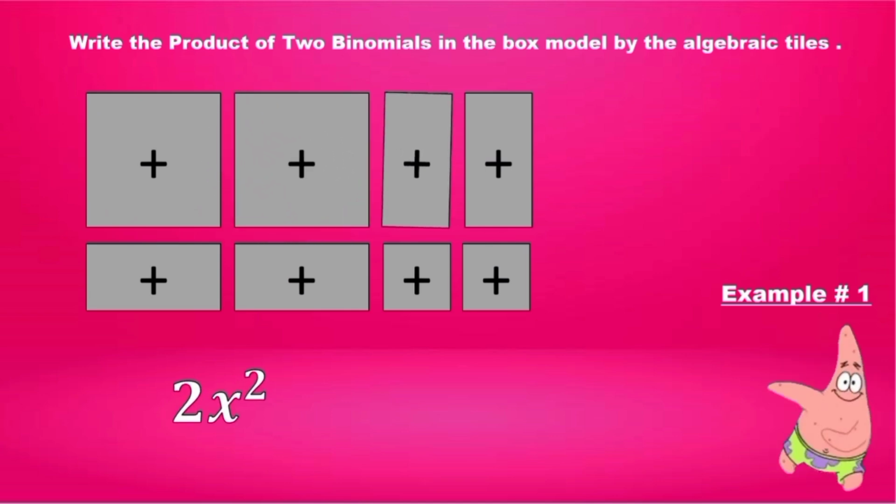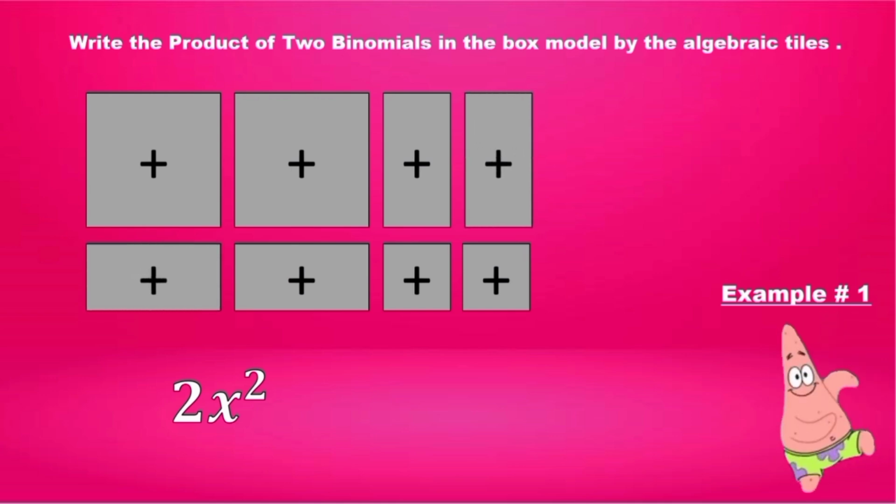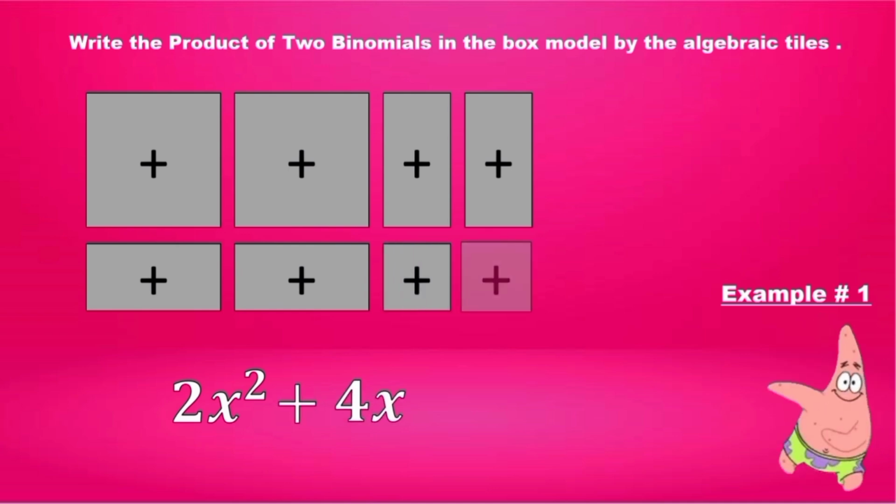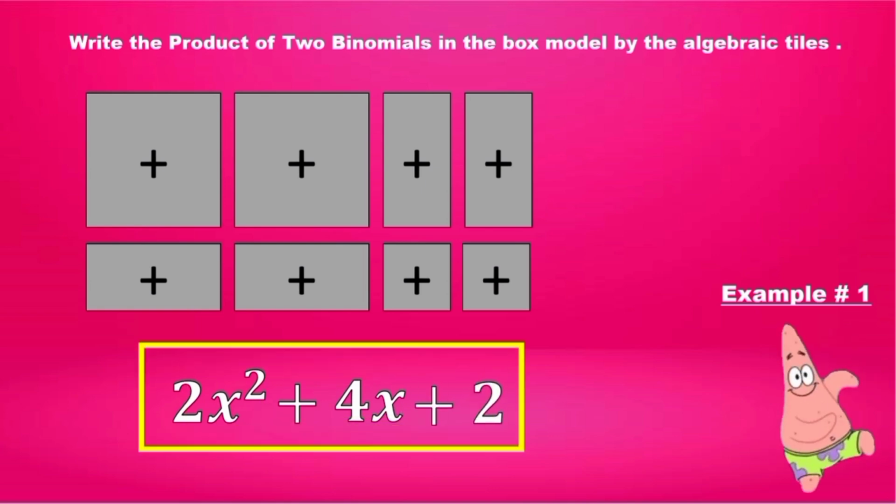Then we have 4x. Then we have 2 positive 1. Our final answer is 2x squared plus 4x plus 2.